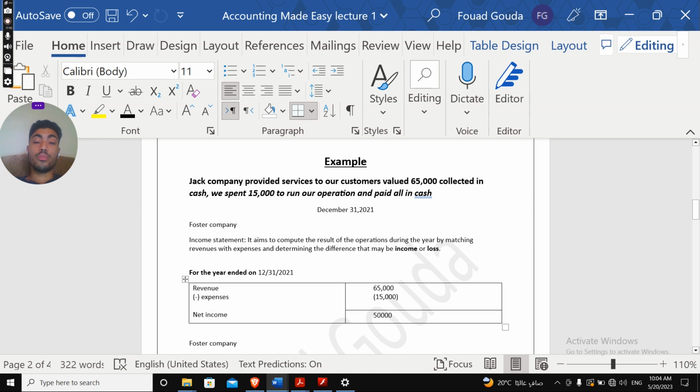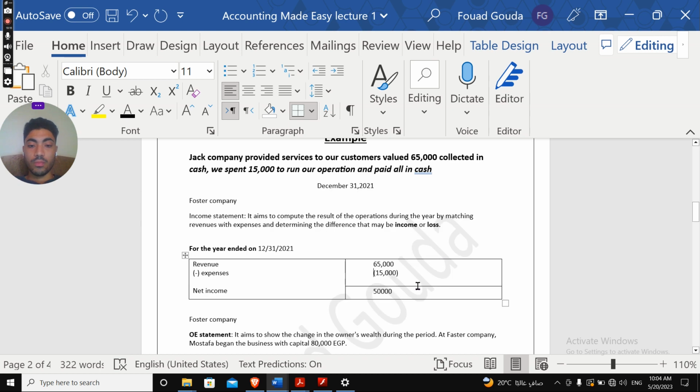to run the operations. Okay, so we write minus expenses, and in accounting we don't write minus 15,000. No, we just put it inside brackets, and this informs us as accountants that this is in minus.